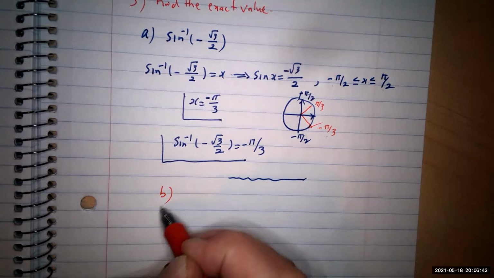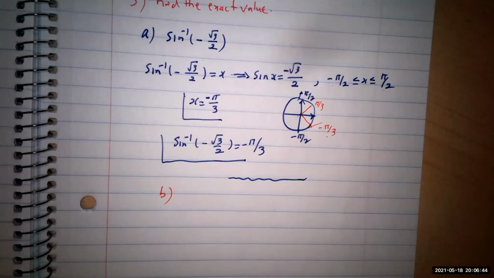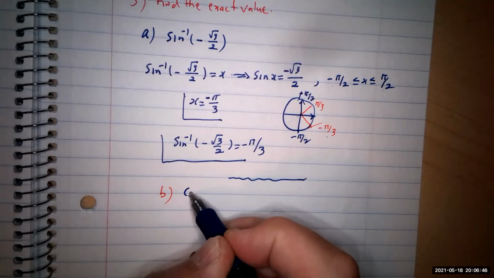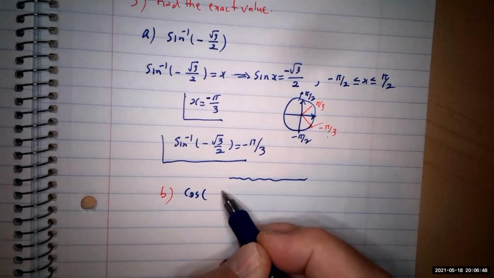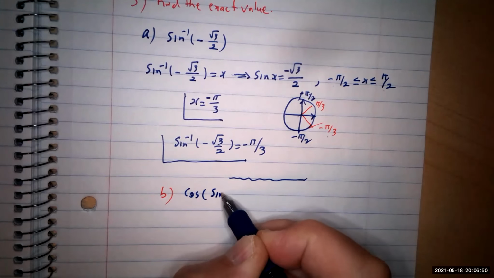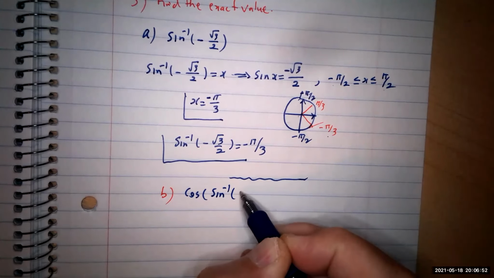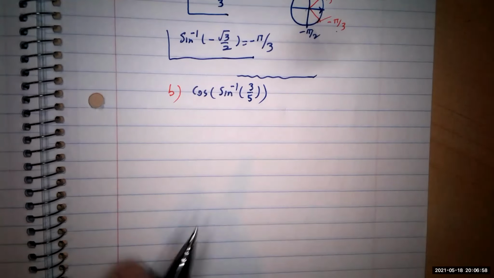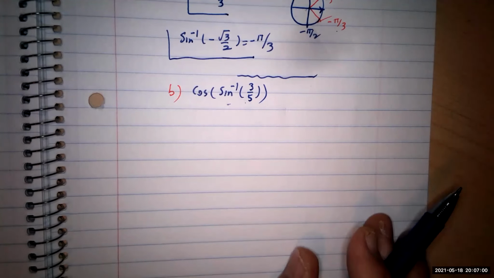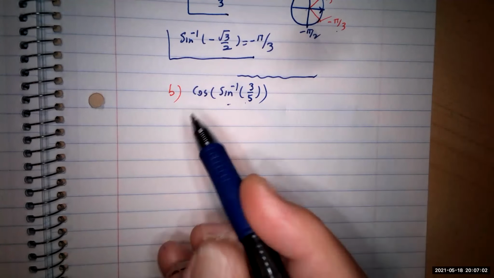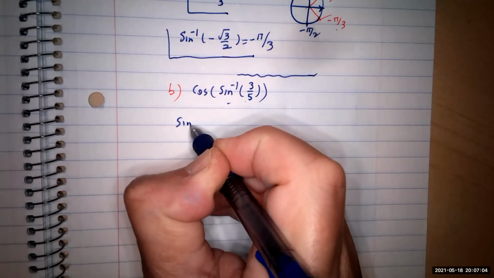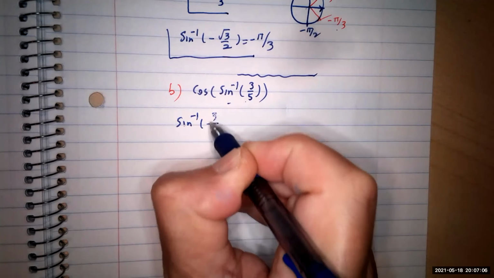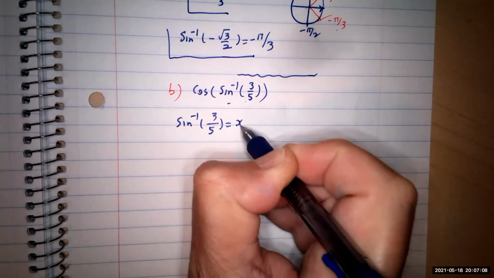Part B, something unknown. It takes a little bit more time. The cosine of the sine inverse of 3/5. So we start from inside. Okay, we call this one x. So sine inverse of 3/5 equals x.